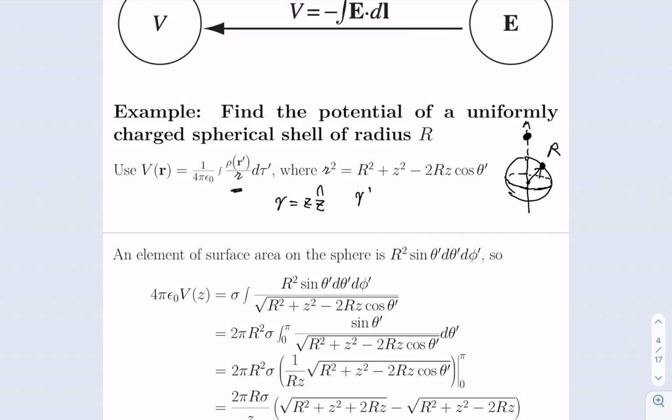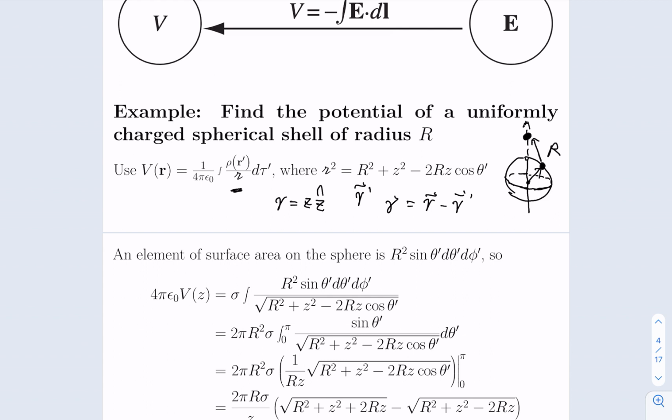And then this separation vector is simply r minus r prime, and you can see that this should be the separation vector.